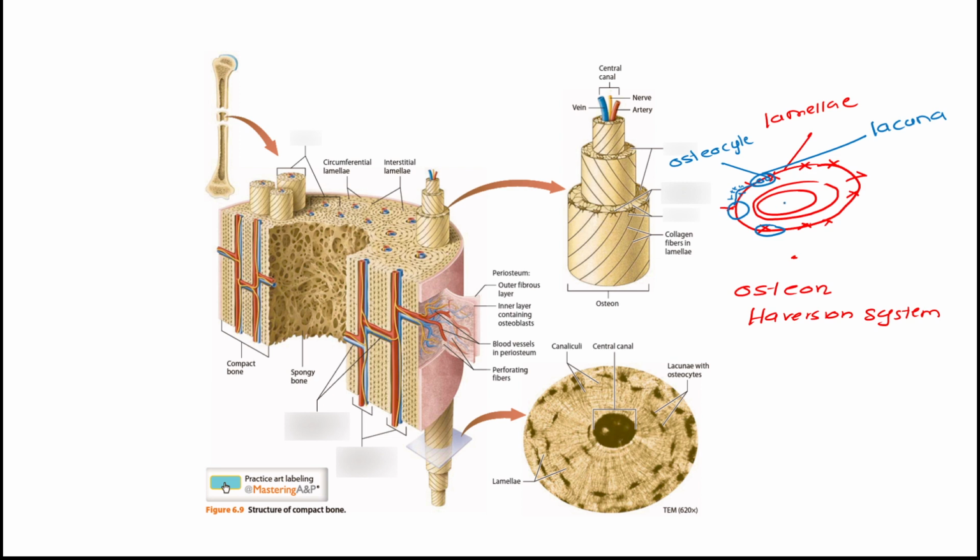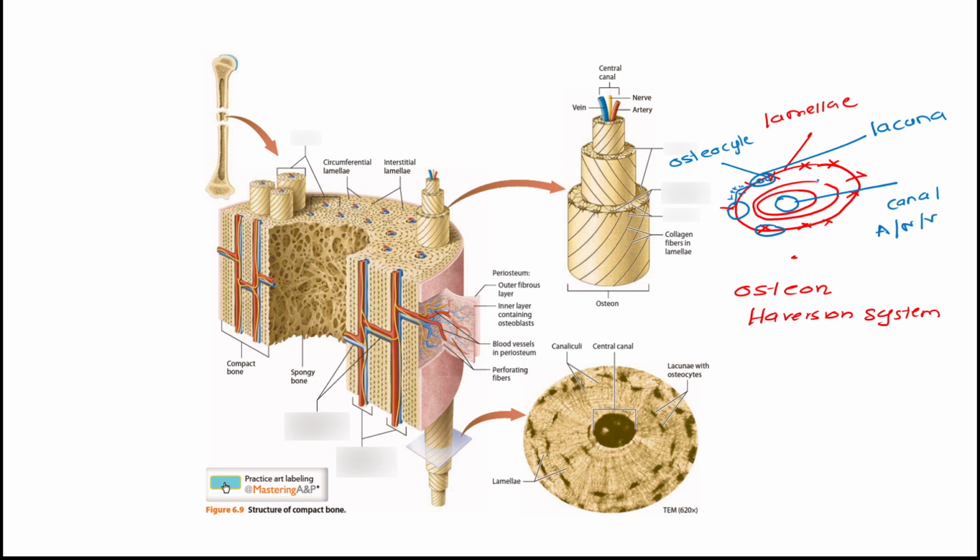And in the middle of an osteon, you would find the presence of a canal. This canal is known as the Haversian canal. The Haversian canal contains arteries, nerves, and veins.